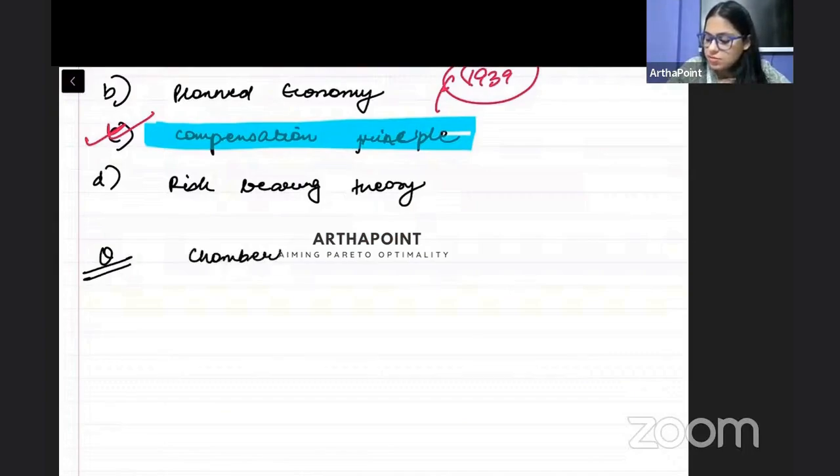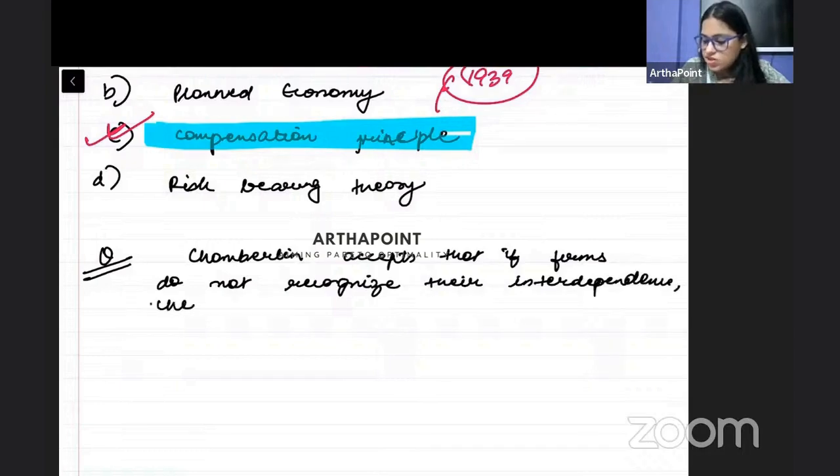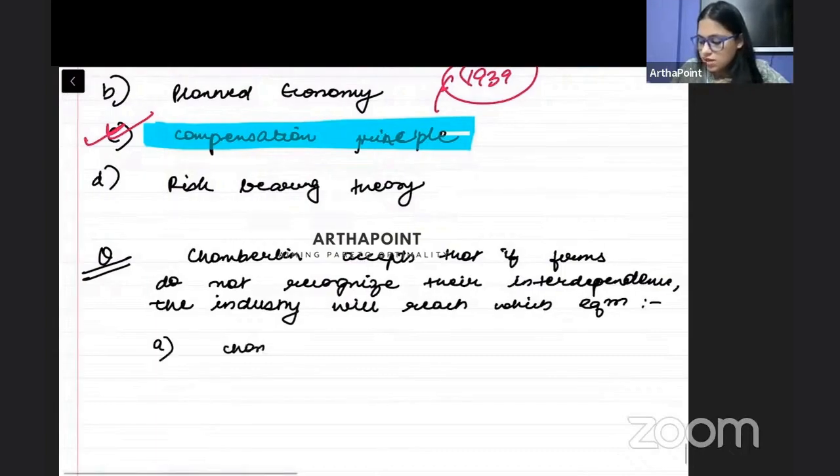Chamberlain accepts that if firms do not recognize their interdependence, the industry will reach which equilibrium? A, Chamberlain equilibrium.